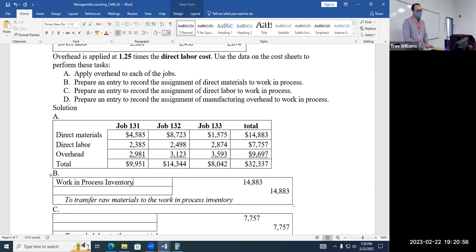Now, it is kind of weird that they're taking 3 jobs and then doing 1 journal entry for all the raw materials. I would probably do it as 3 separate journal entries. But who am I to argue? So where is that coming from? Which account?